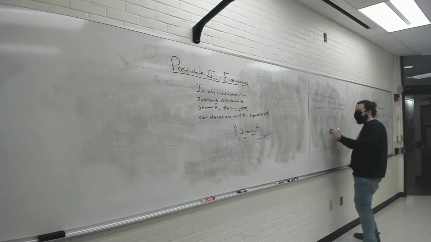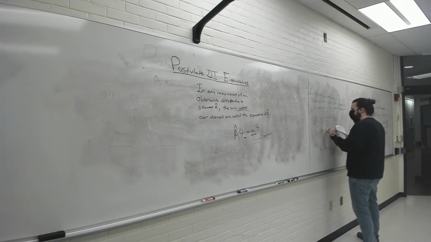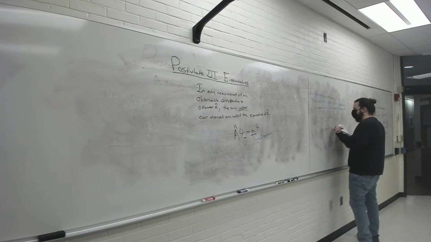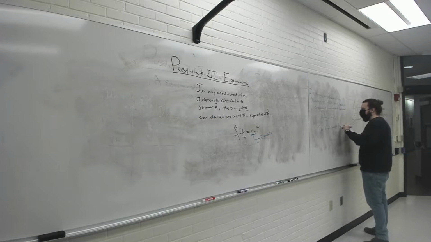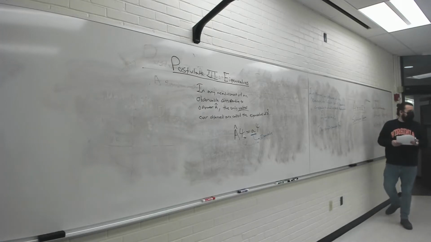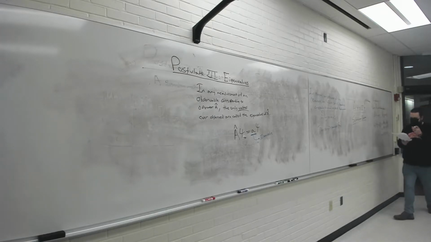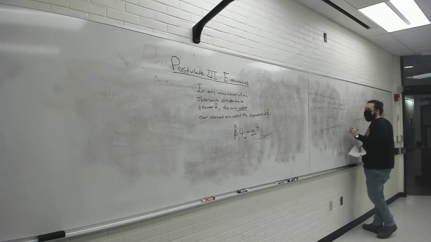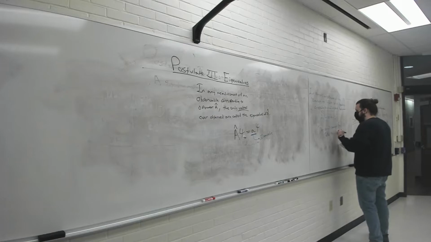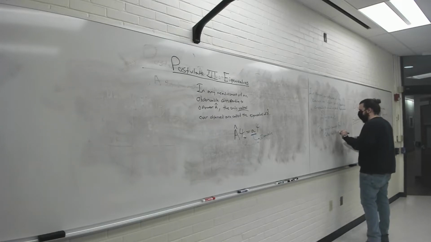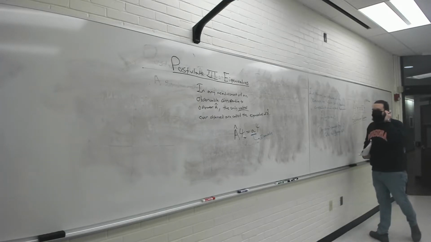We often call the set of eigenvalues that satisfy this equation, I'm going to call it the set of A sub n, the observables, the eigenvalues, the spectrum of the operator A. You can already start thinking about spectroscopy.